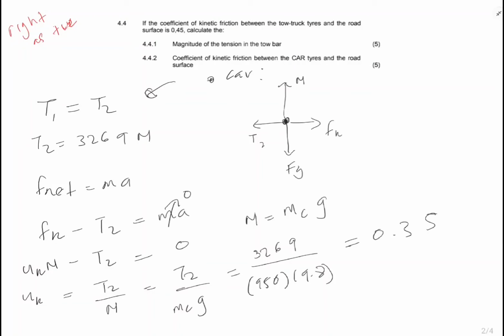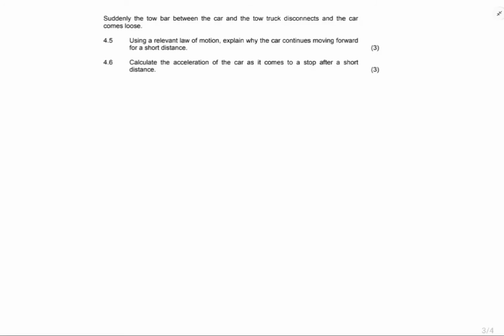So let's continue with the last remaining problems. This one is more abstract or theoretical, or maybe they're just trying to see whether you understand these laws. In this problem, they say suddenly the tow bar between the car and the tow truck disconnects and the car comes loose. Using a relevant law of motion, explain why the car continues moving forward for a short distance.